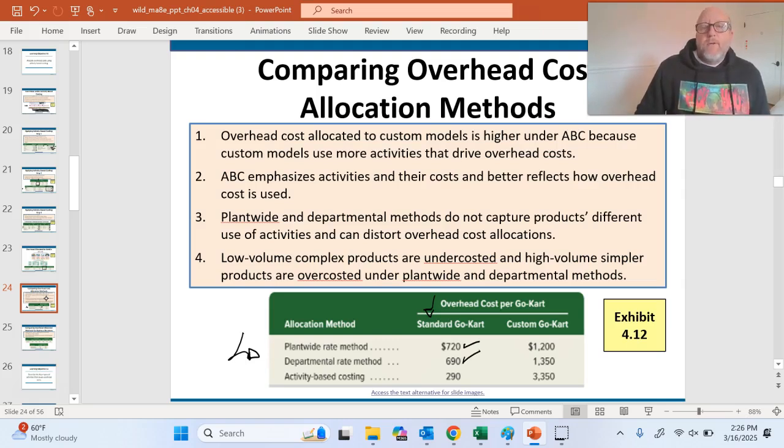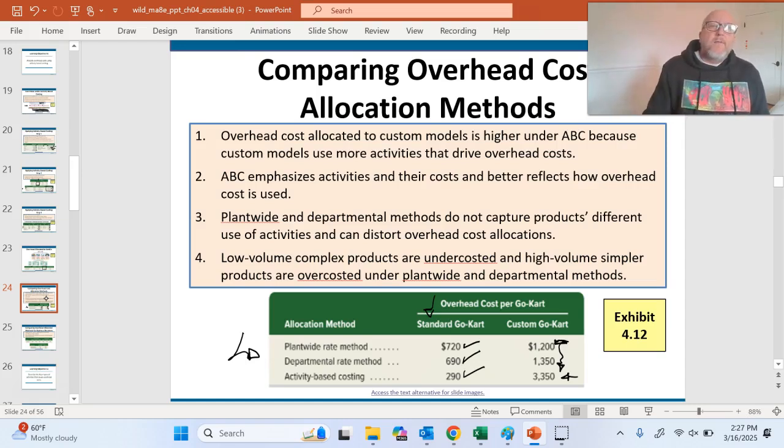And we alternatively allocated 690 in overhead. Then we got really refined. We used activity-based costing, and we ended up only allocating $290 of overhead to the standard model. And then alternatively, as we became more refined, we went from allocating $1,200 based on the single plant-wide approach to $3,350 using the activity-based approach.